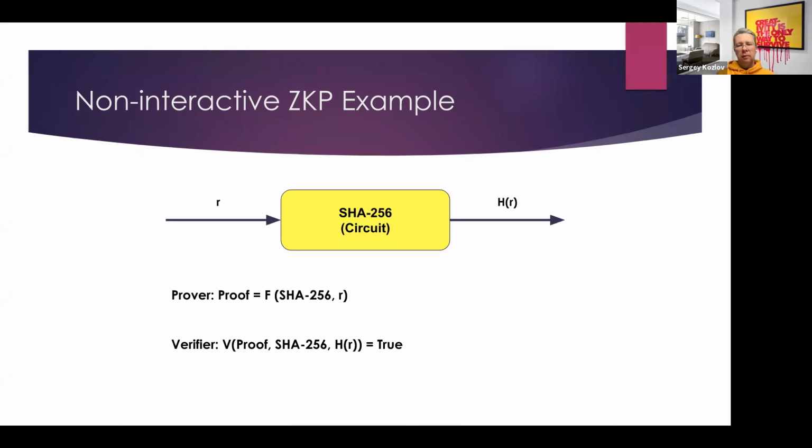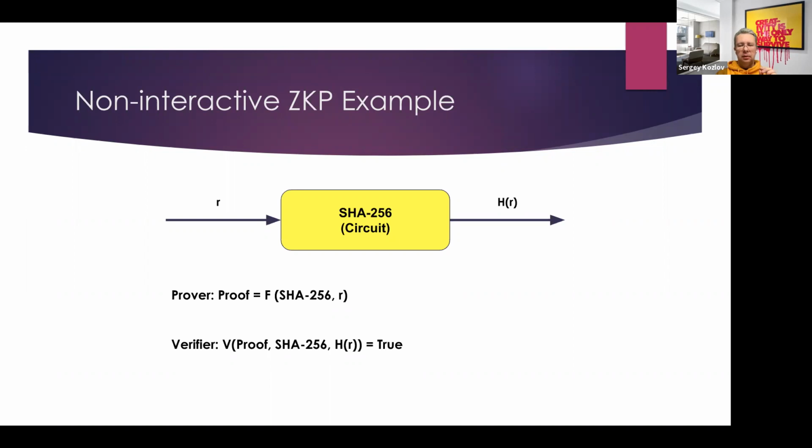And we generate the proof F with this circuit, for example the algorithm SHA-256, and our private input R, and the verifier may understand if we know this R or not.